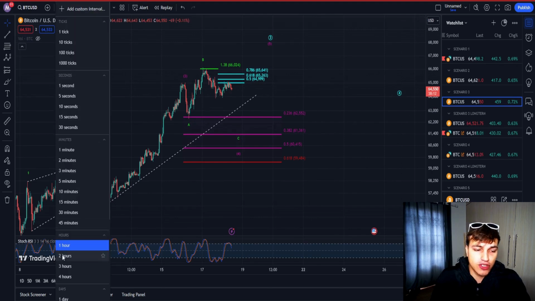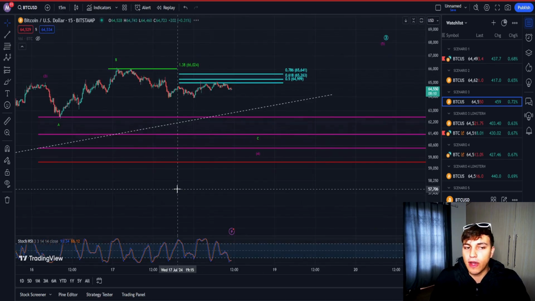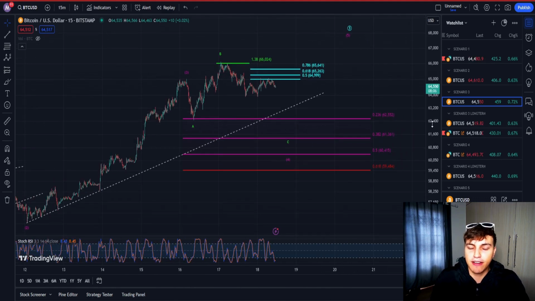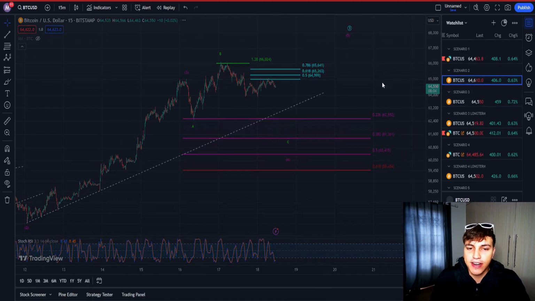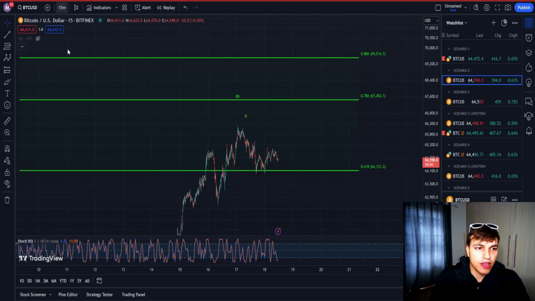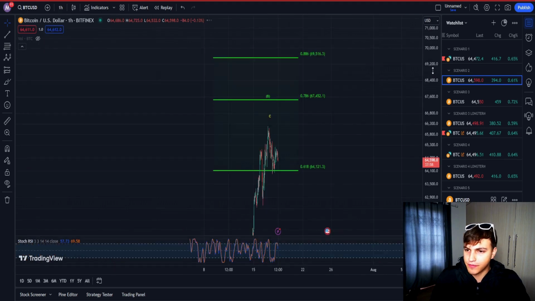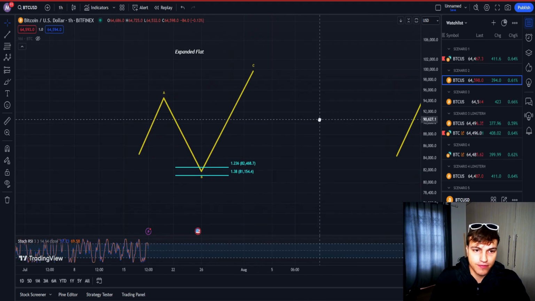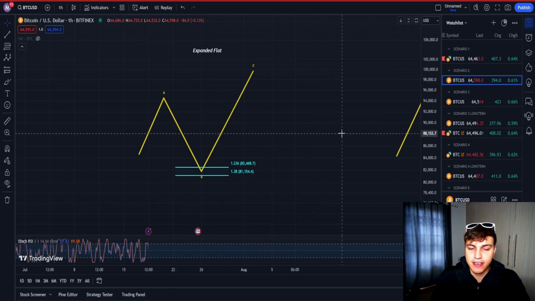So if we zoom in to this wave 4, we can see that a possible expanding flat is playing out. Now, if we go back to how we analyzed them, this is an expanding flat here.